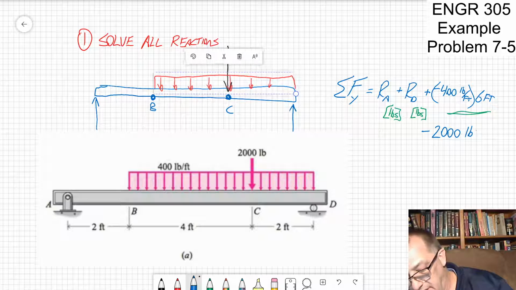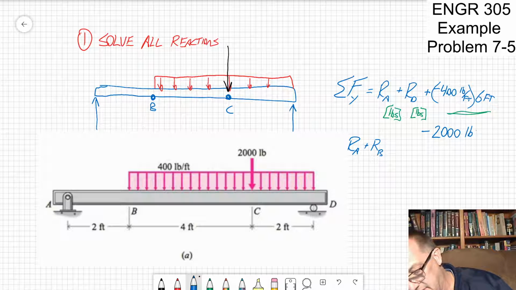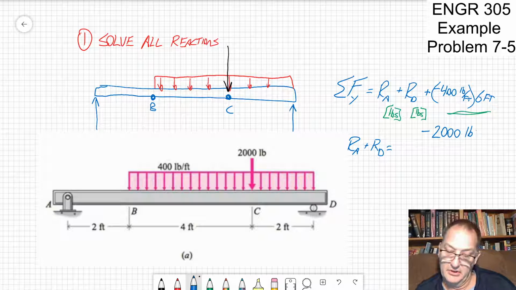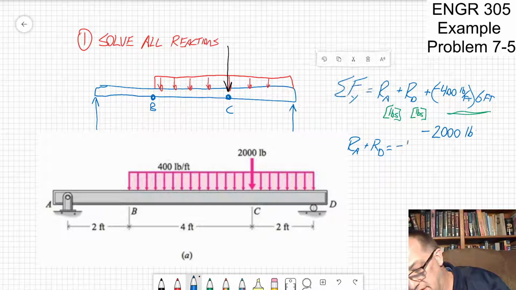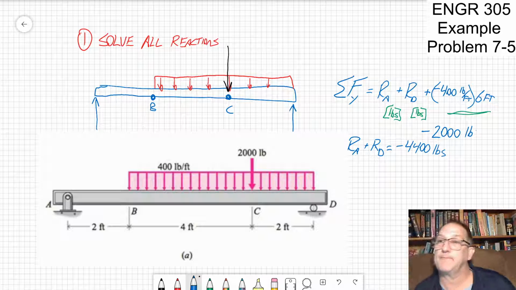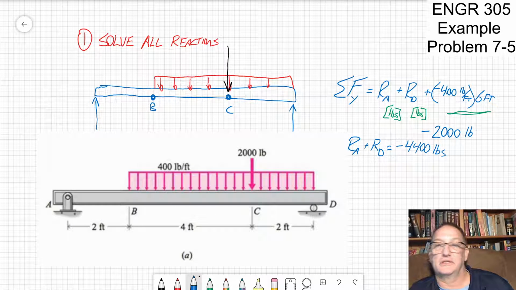Okay, so that gives me one equation, reaction at A plus reaction at D, sorry, not B, plus reaction at D is equal to a minus 2,400 pounds from the first term and a minus 2,000 pounds. So a minus 4,400 pounds. Okay, that doesn't solve for the reaction at A or the reaction at D, but that's okay. We just now have to go use our sum of the moment equation.